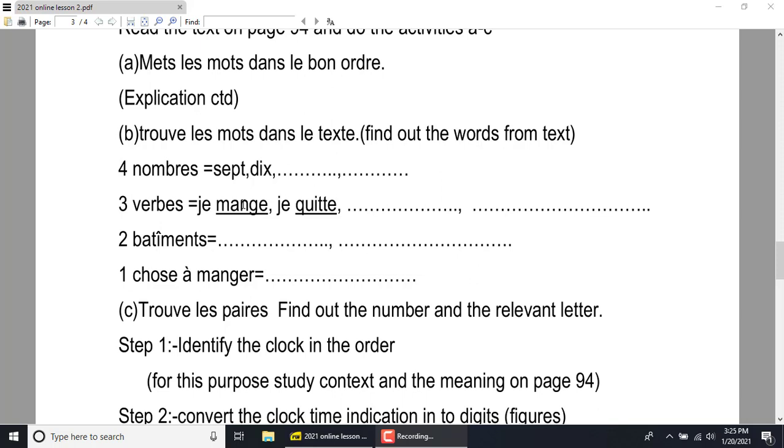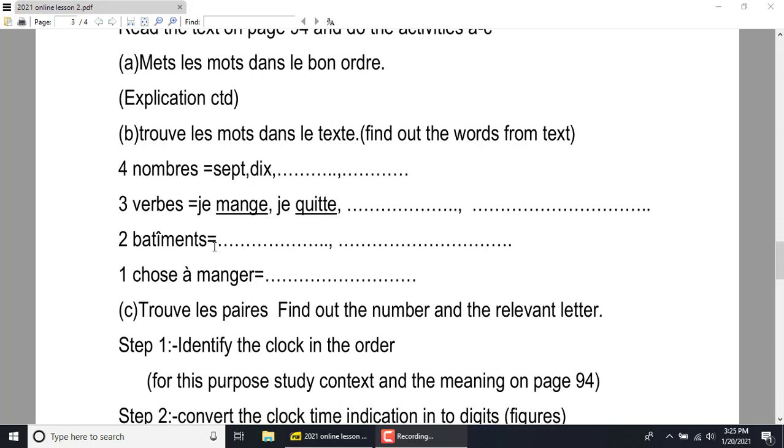Je mange. J'arrive. Arrive is the conjugated verb. Then les cours commencent. Then nous commençons. Je regarde. J'écoute. Likewise, there are so many.